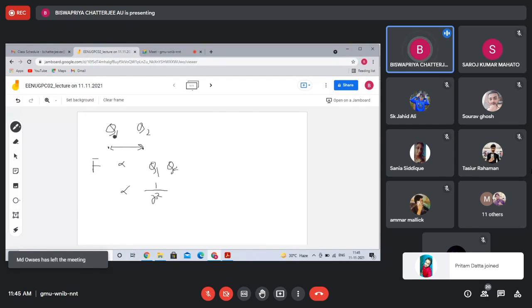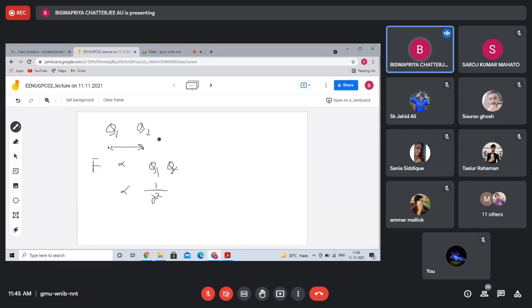The famous scientist Coulomb gave this law. So if their distance of separation is r, and their strength of charge is q1 coulomb and q2 coulomb, then the force existing between these 2 point charges is directly proportional to the product of the charge strength and inversely proportional to the square of the distance existing between these two.